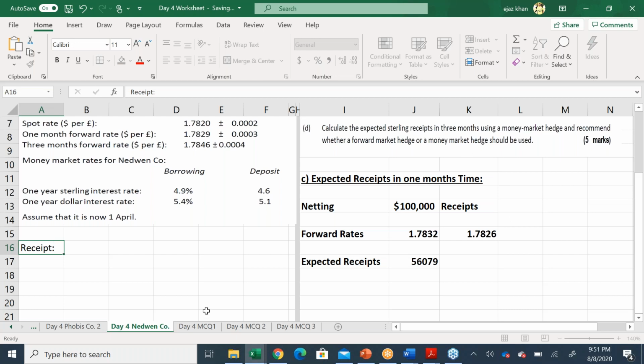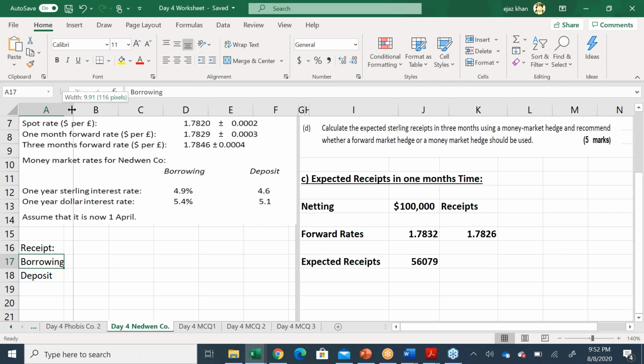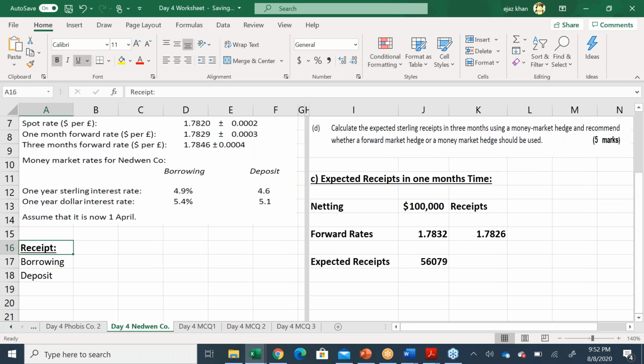So a receipt case, first of all, we have to see which borrowing rate and which deposit rate we should be using. So borrowing and deposit rates, we have to identify which borrowing and which deposit rates are we using.